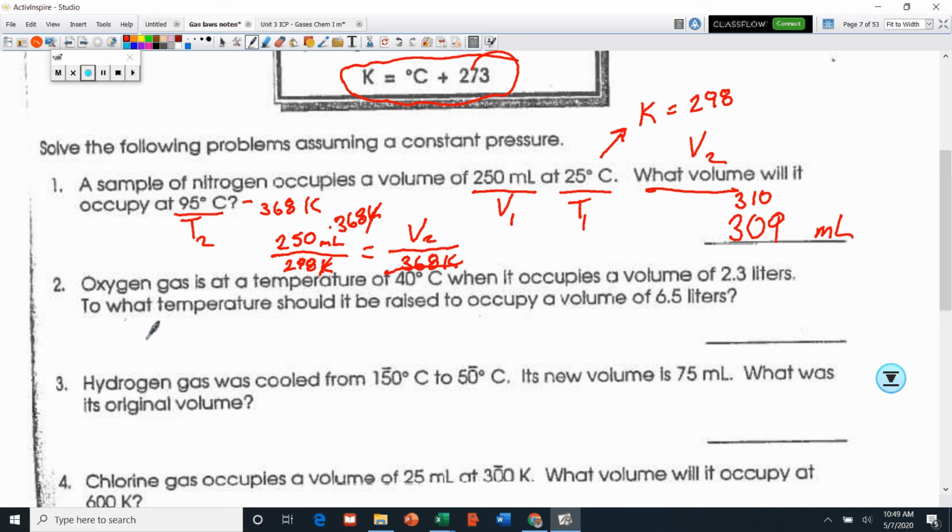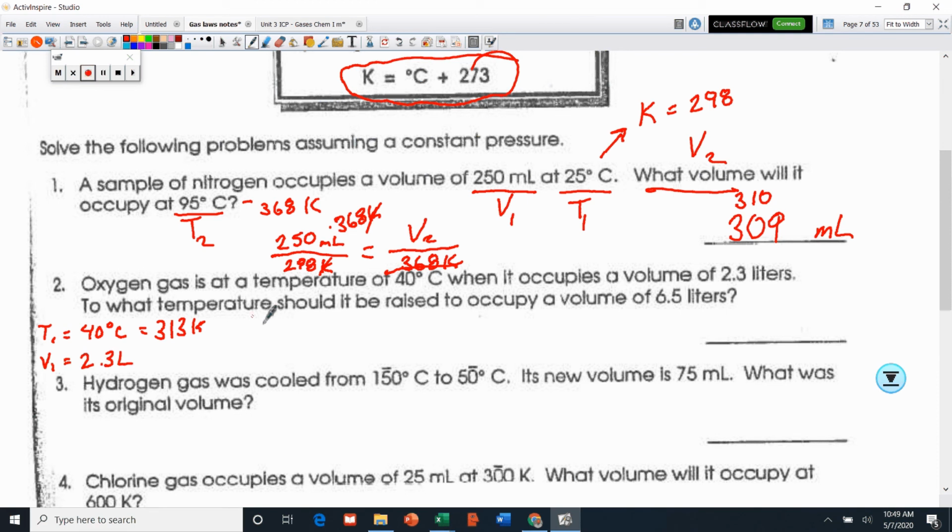All right. So looking at this one, oxygen gas has a temperature of 40 degrees Celsius. So T1 is 40 degrees Celsius, which is 313 Kelvin. It occupies a volume of 2.3 liters, so V1 is 2.3 liters.